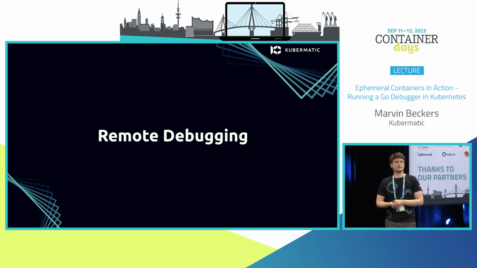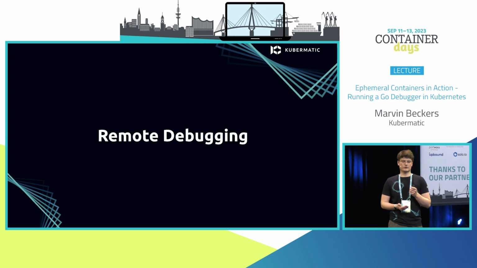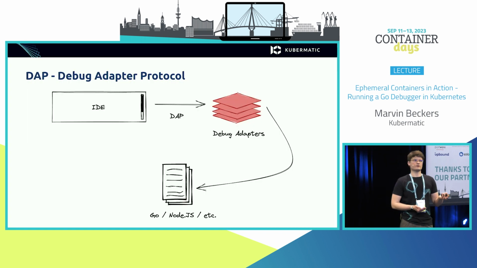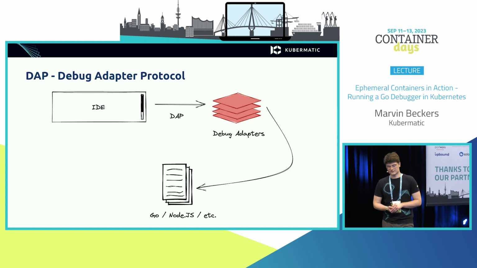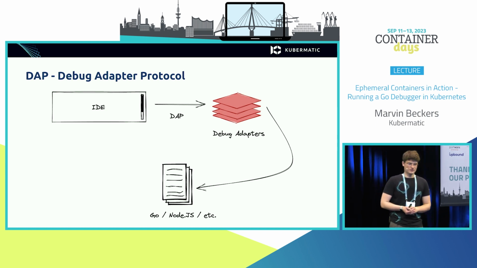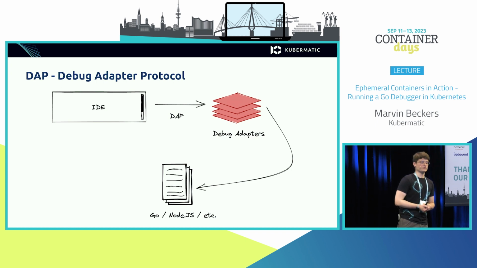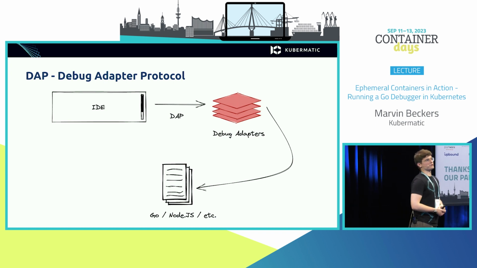We can do remote debugging, because you might want to do this from your local machine, because your tools are properly configured or whatever. And for that, and this is something that mostly comes out of Visual Studio Code but that you can apply without VS Code, there is the Debug Adapter Protocol.